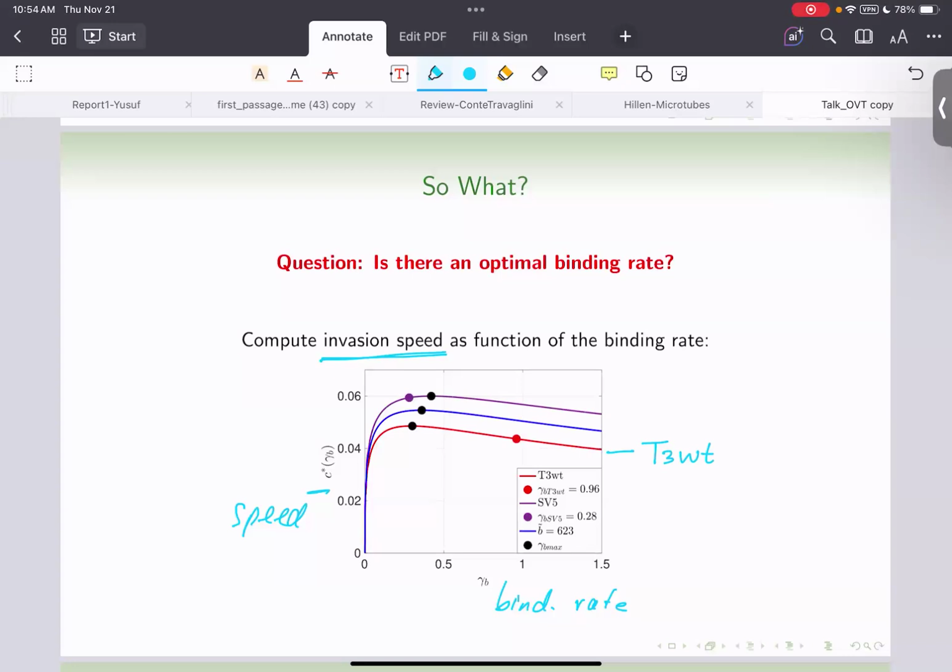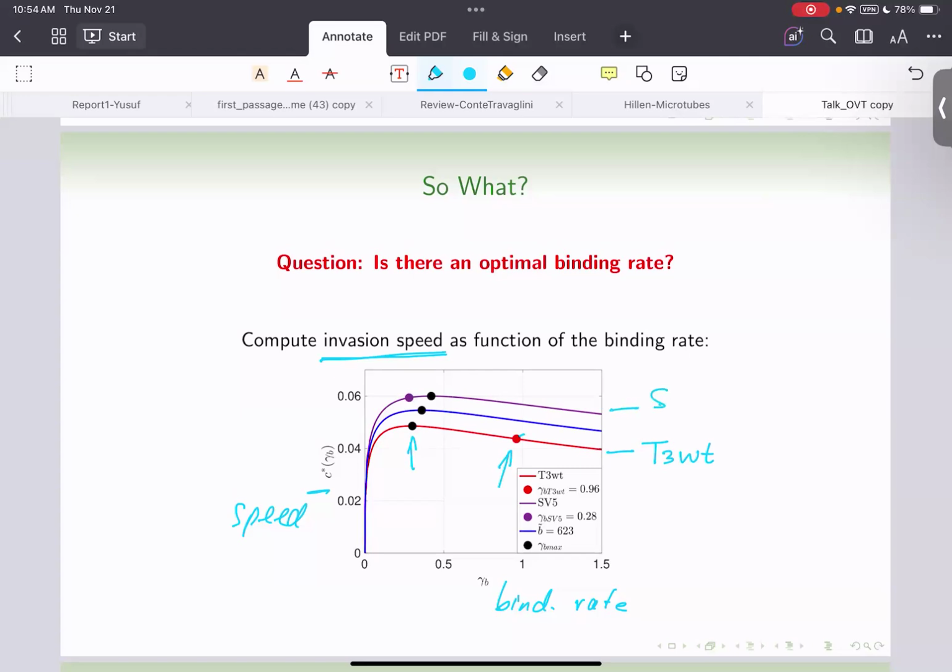The value for the wild type is actually the red point. This is the binding rate for the wild type. And you see it is not at the optimum, right? It is a little bit too much. So you want to reduce the binding rate to get to the black point here, which would be the optimal value.